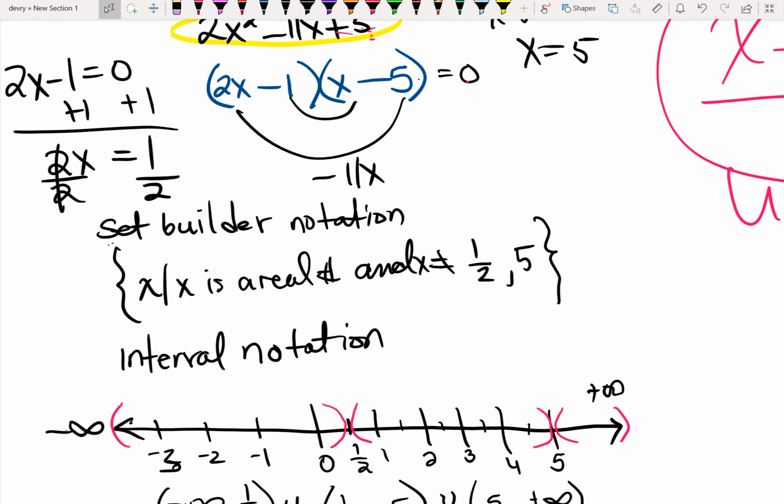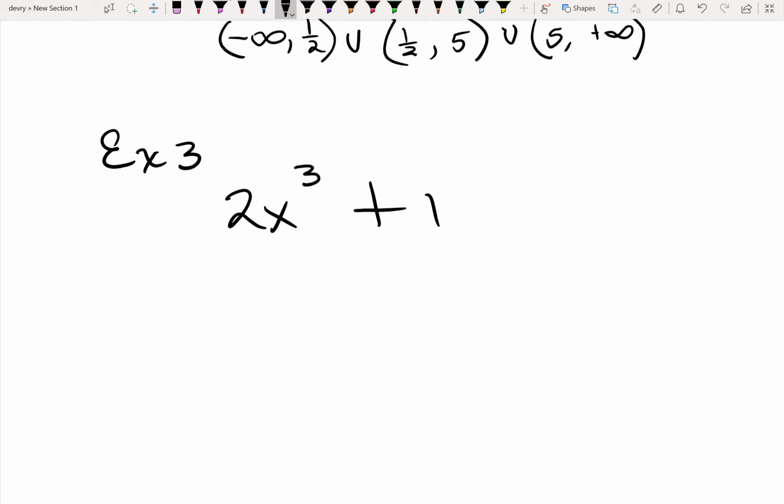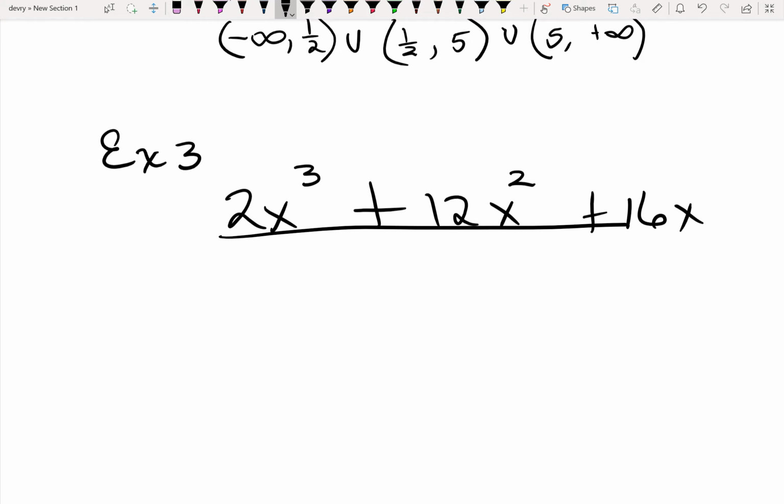Let's look at simplifying a rational expression before we go into solving for the solution. So if we're simplifying, which is example 3, we're looking at 2x cubed plus 12x squared plus 16x, and all of this is over 6x plus 24. So I'm immediately thinking factor away.